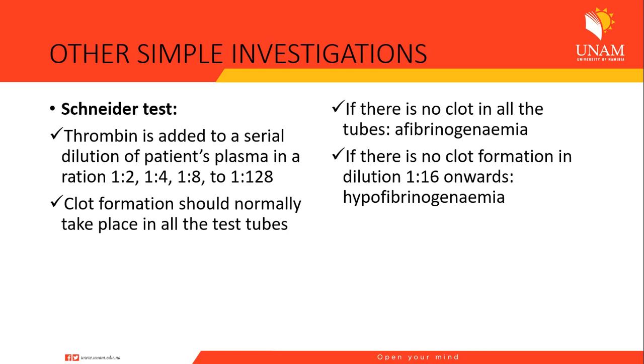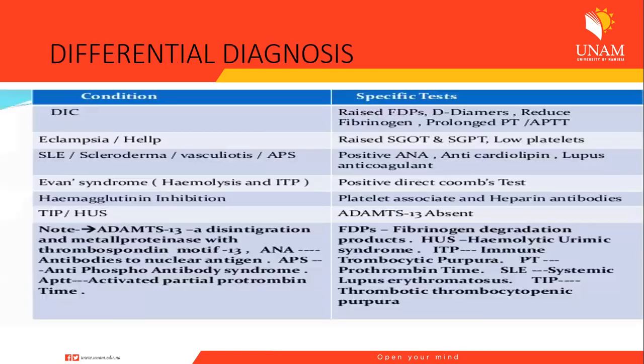If there's no clot formation in dilution 1 to 16 onwards, it shows hypofibrinogenemia. And this is why the Snyder test is important, because it gives you a picture of the level of fibrinogen in the serum.